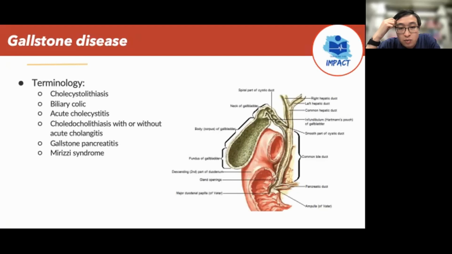And do people know what acute cholangitis usually presents with? There's a triad of clinical features called Charcot's triad. Someone remind us all what Charcot's triad consists of?